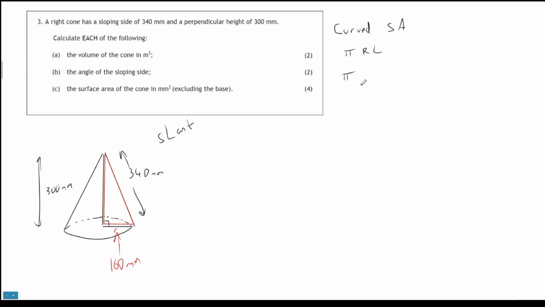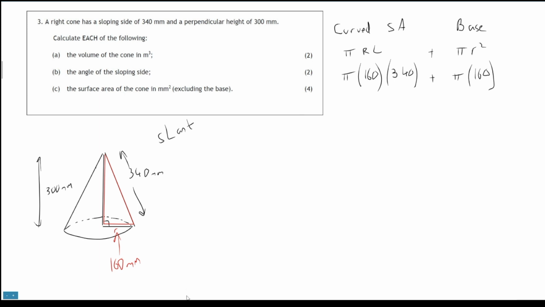We can plug in the pi, we know what it is. We know R is equal to 160, and I know L is equal to 340. So that's really good. I'll calculate it in a second. Now I need the base, and the base is a circle, so that's going to be pi r squared. It's quite easy as well. Pi, I know r is 160. Great. That looks like all we need.